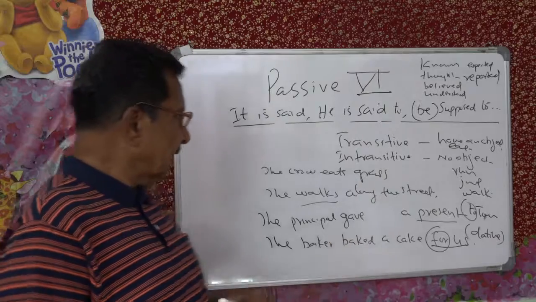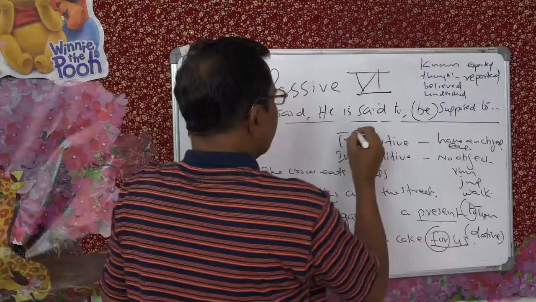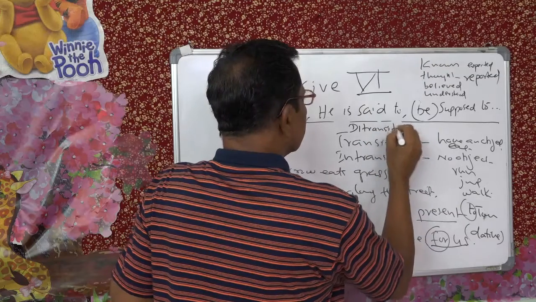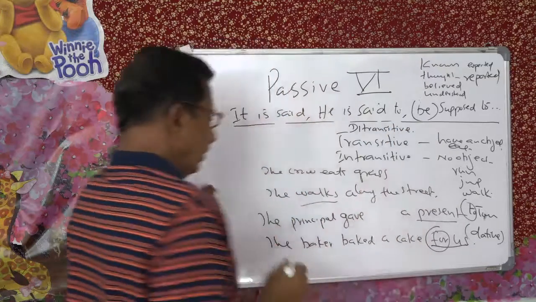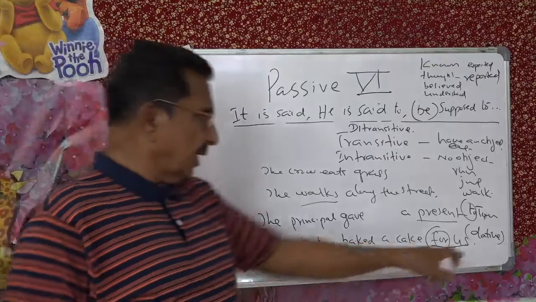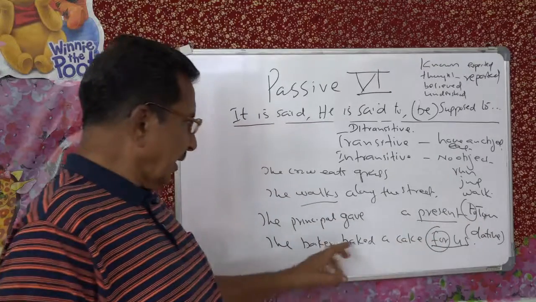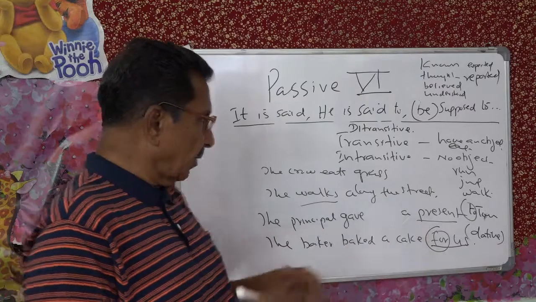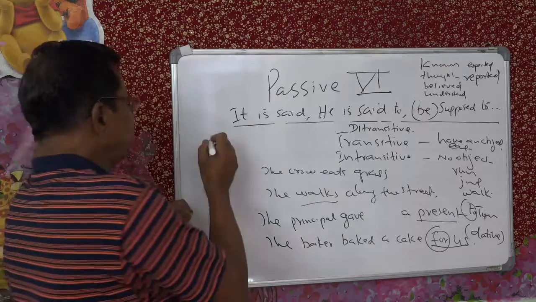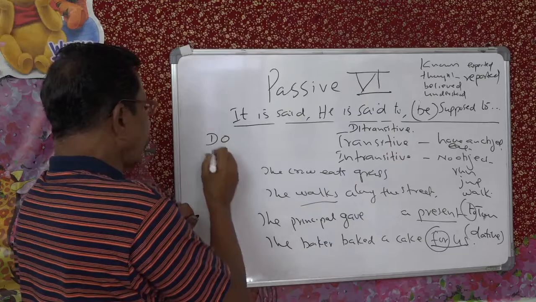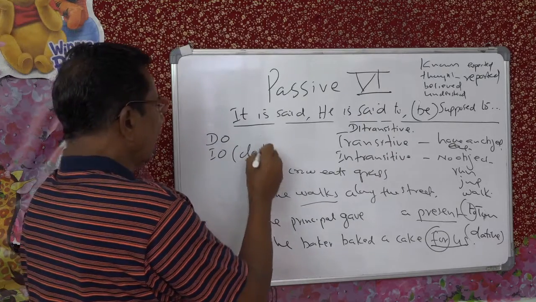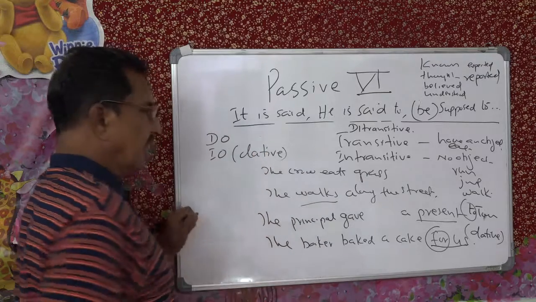Di means two. When you have got a dative, an indirect object, this is the direct object. For short we say DO, and indirect object IO. And the indirect object has another name called dative.